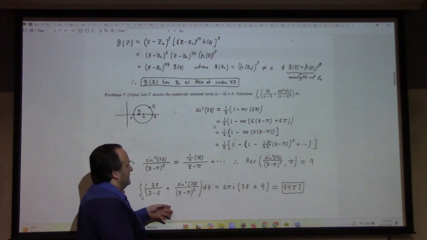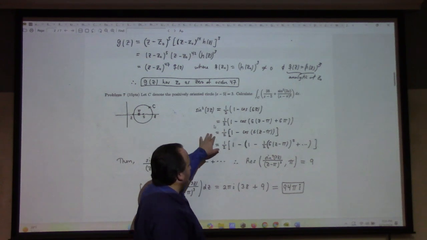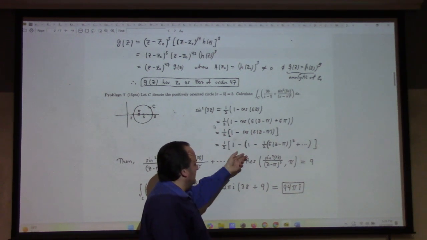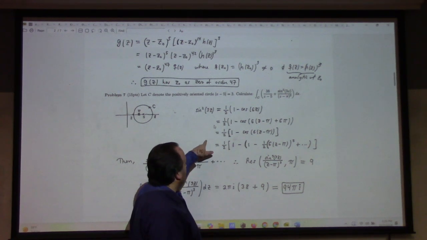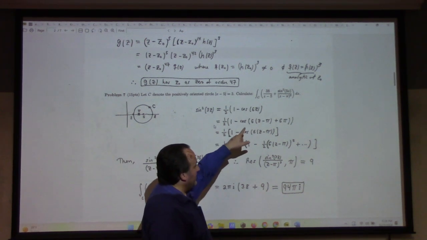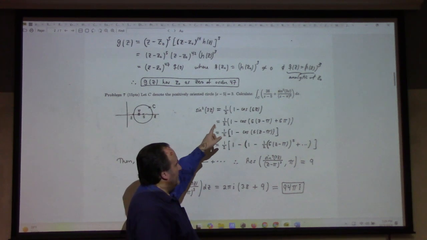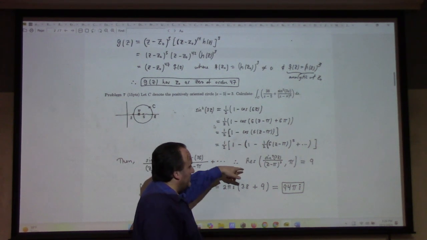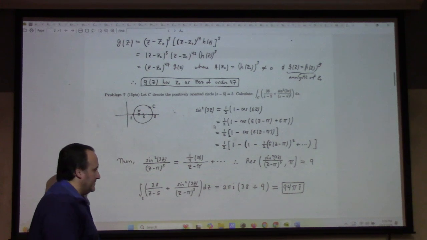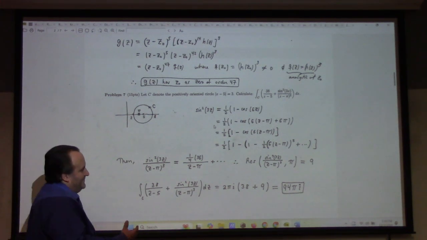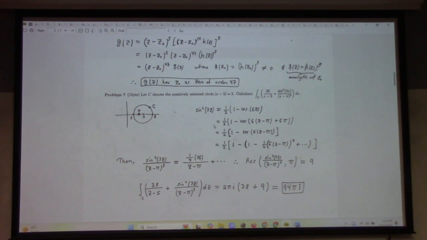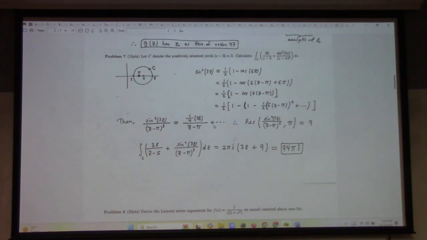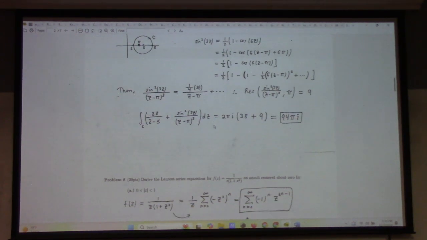The way I saw to do it was just to expand in terms of the power series for the cosine, and it's not a triple zero because it turns out that the sine squared has actually got a double zero. So you got a double zero over a cube, which means you actually got a simple zero, and it worked out to 9. I'm sorry, I forgot to divide by 2 pi i. It was almost 47, you know.